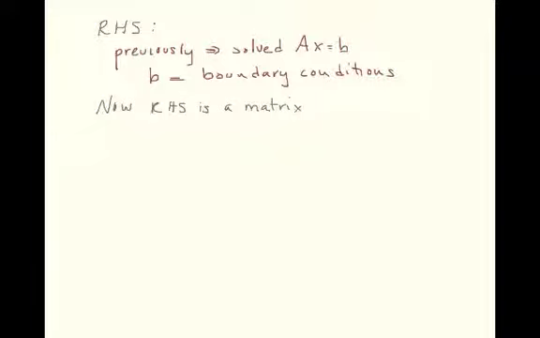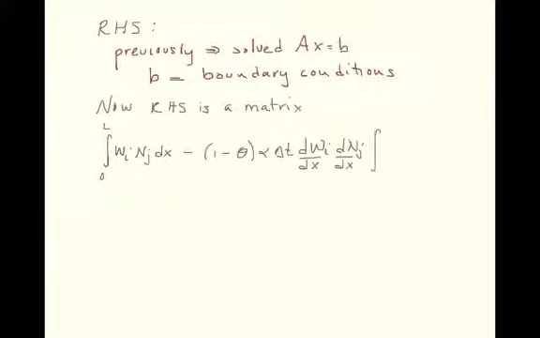Now the right-hand side has the integral from 0 to L of w sub I, n sub j, dx, minus 1 minus theta, alpha delta t, dw dx, wi, dnj dx, integral 0 to L, dx, and all of this is multiplied by tj at n, where tj at n is our previous time step.